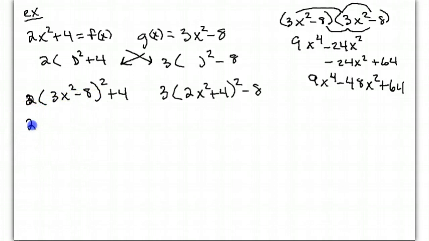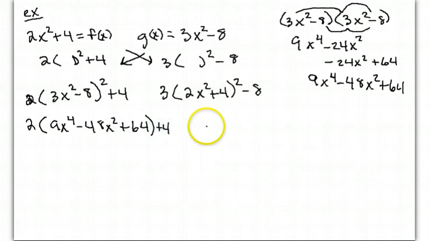So you have 2 open parentheses, 9x to the 4th minus 48x squared plus 64. And you still have a plus 4 on the outside. And the other one is going to be 3 open parentheses 4x to the 4th plus 16 plus 16x squared.